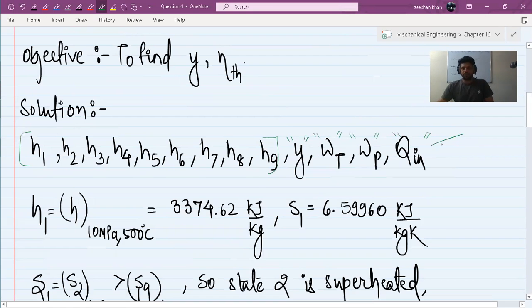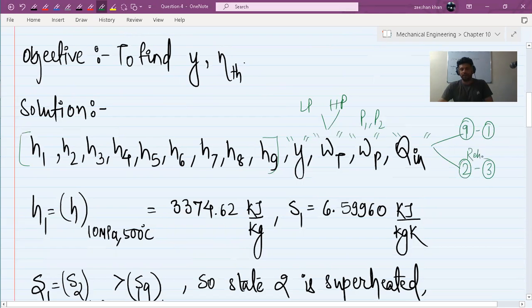Okay, this has two parts. Even the turbine work has two parts, one from the low pressure turbine, one from the high pressure turbine. Pump work will include two pump works, P1 and P2, and Qn will be a part of it coming from state 9 to state 1 in the boiler, and then state 2 to state 3 during reheat.